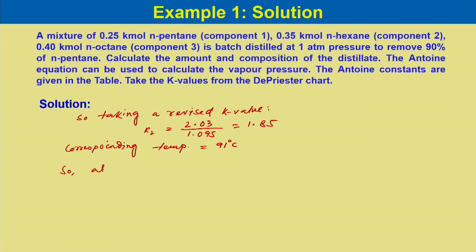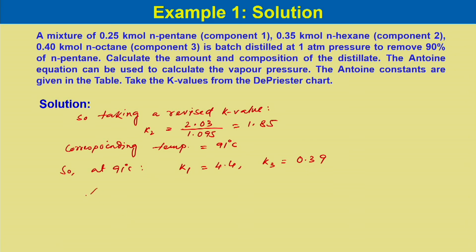So, at 91 degree centigrade K1 is equal to 4.4 and K3 is equal to 0.39.